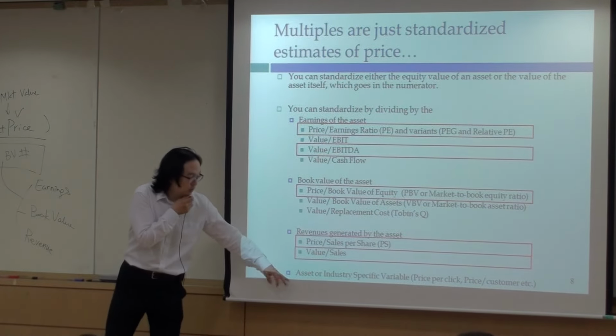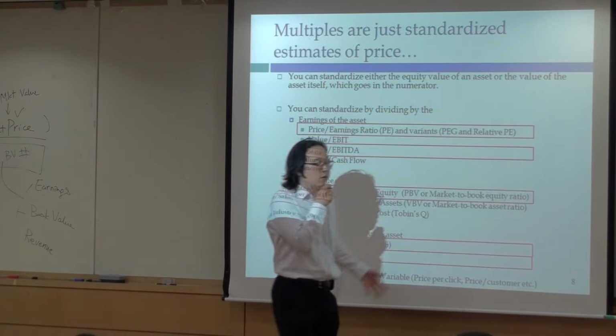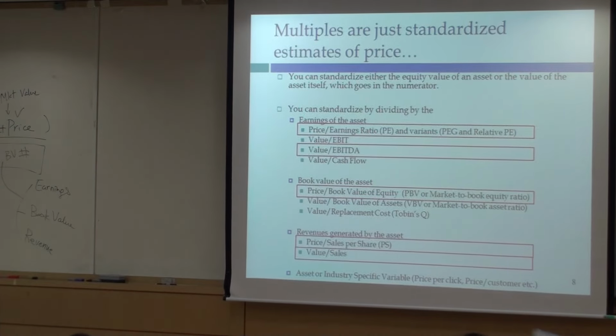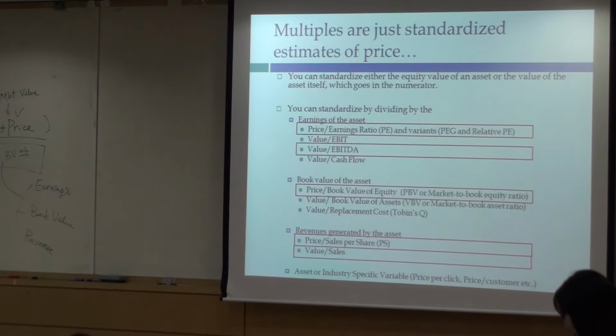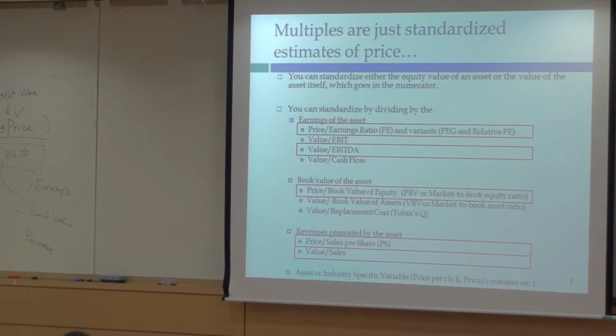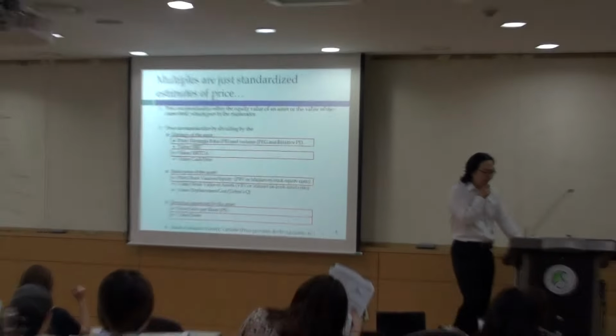And you'll find out in your experience in the industry there are a lot of new multiples people invent. You have to try to be critical in those new multiples and see if those multiples make sense.